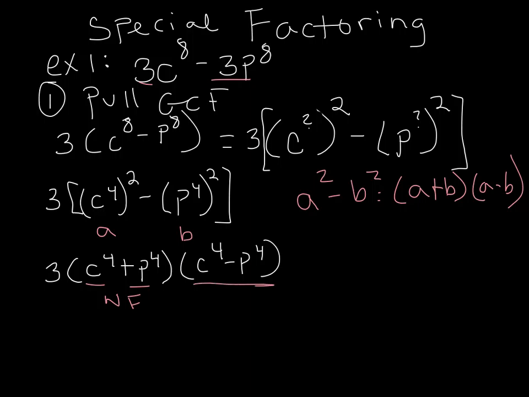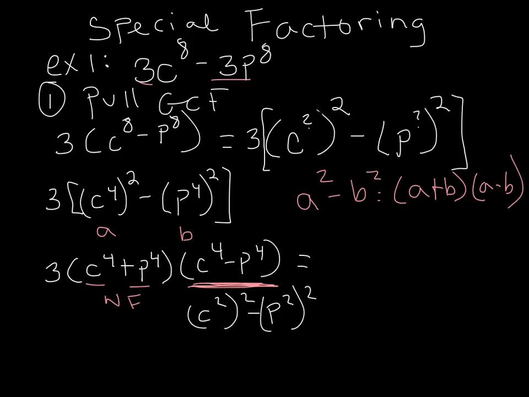But here, I can use the same technique I just applied, and then I can break this term down even further. What this will become is another difference of squares. If you think about this as c squared, all squared, minus p squared, all squared, you can see how that would break down again.